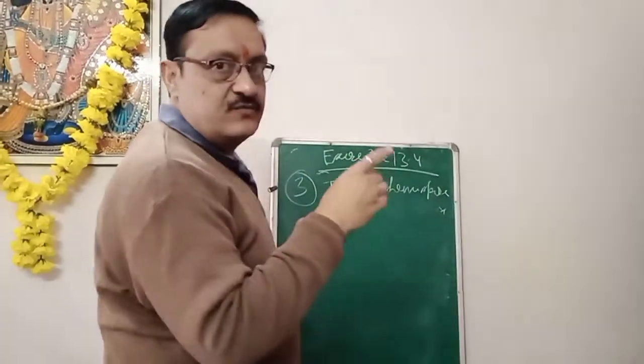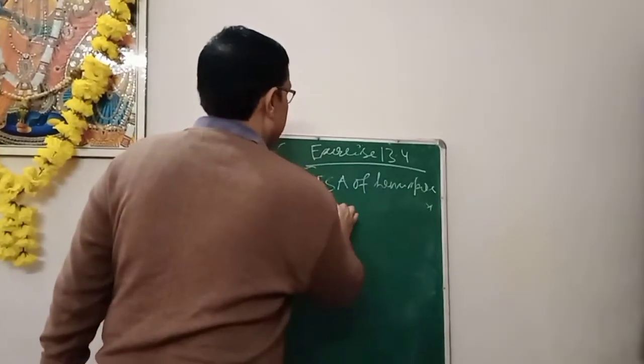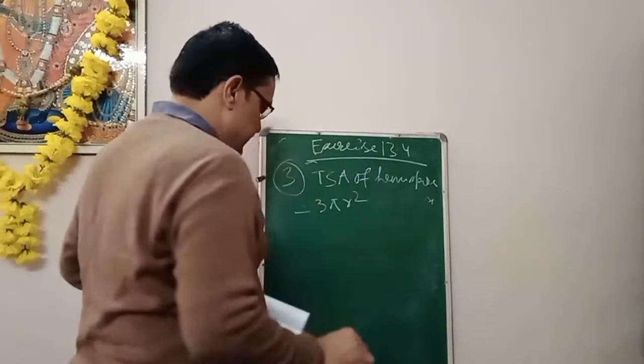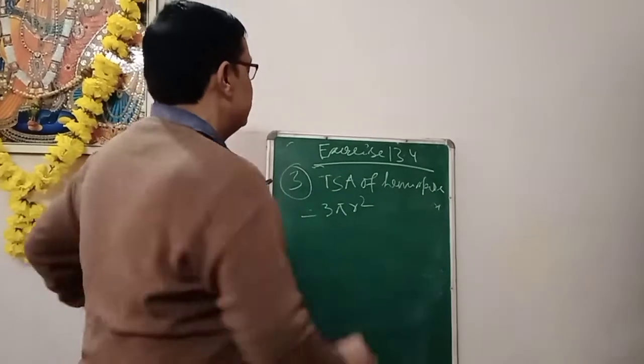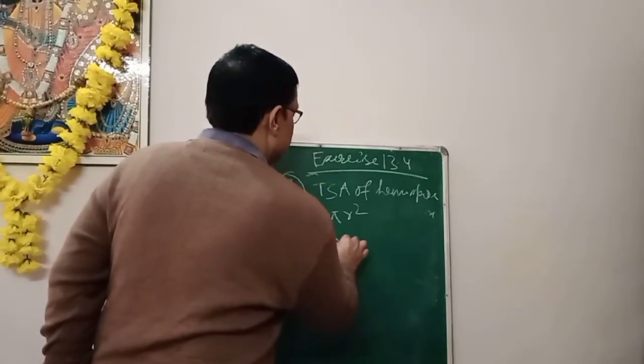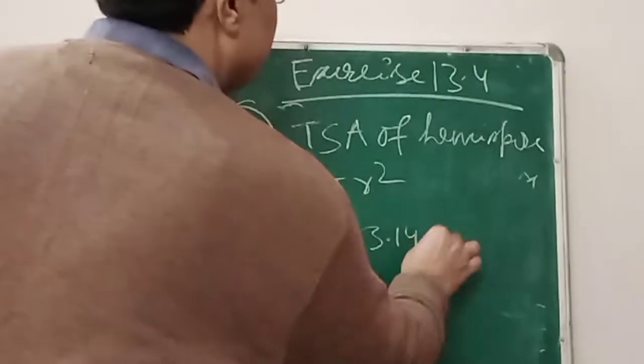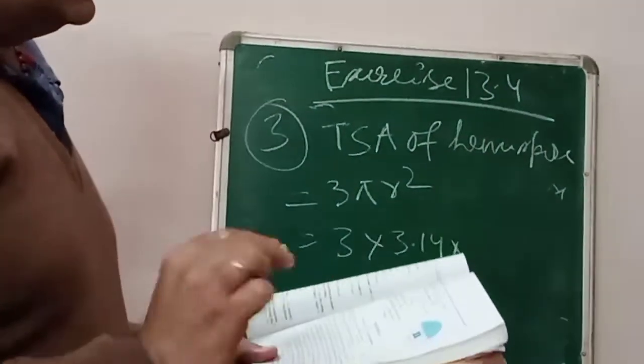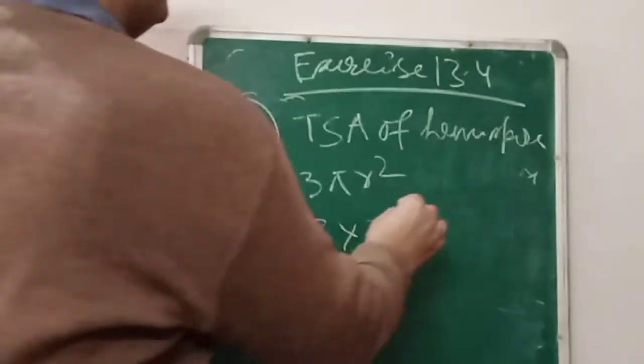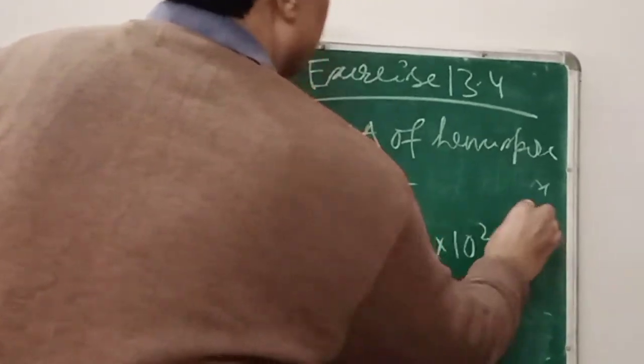TSA of hemisphere is what? 2 pi r square plus pi r square, 3 pi r square, and r is given here. R is given as 10 centimeter. So 3 into, and we need to put the value of pi as 3.14 as per the question, and this is 10 square.